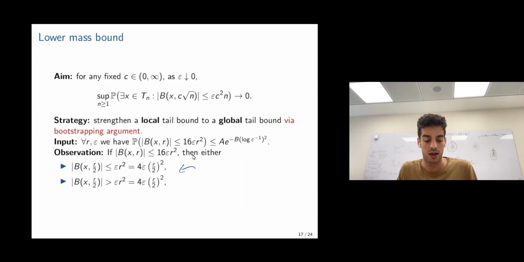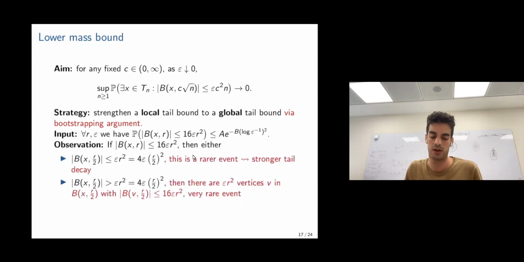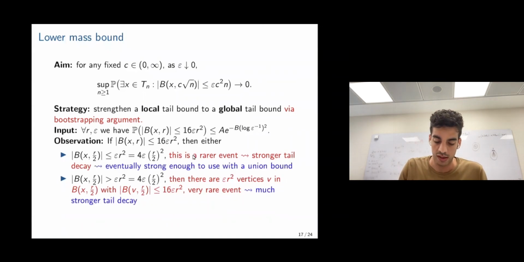But if the smaller ball is big, this is also good for us. This is even better for us, because then it tells us, okay, in this r/2 ball around x, there are many vertices whose r/2 ball is small, and this is because their r/2 ball is contained in the r ball of x, which we know is small. Therefore, we can start with this first event and decompose it into 2 events, right?